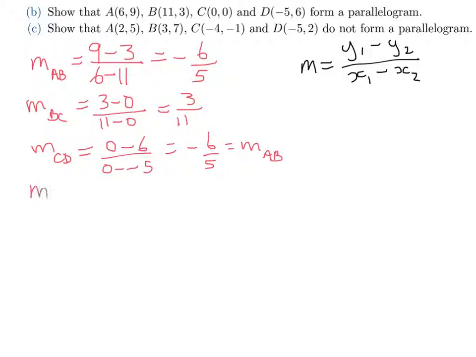And finally, the gradient of DA is going to be 6 minus 9 over minus 5 minus 6, which is 3 over 11, which is the same as the gradient of BC.